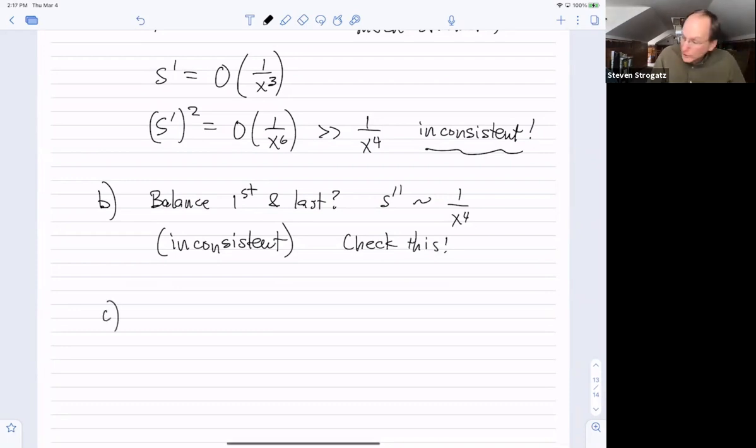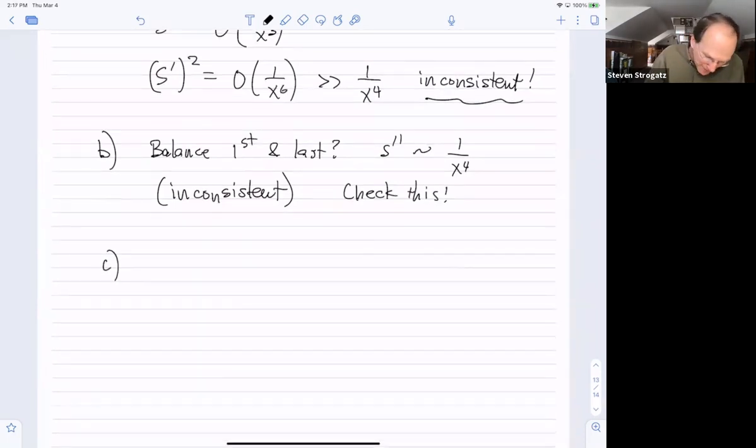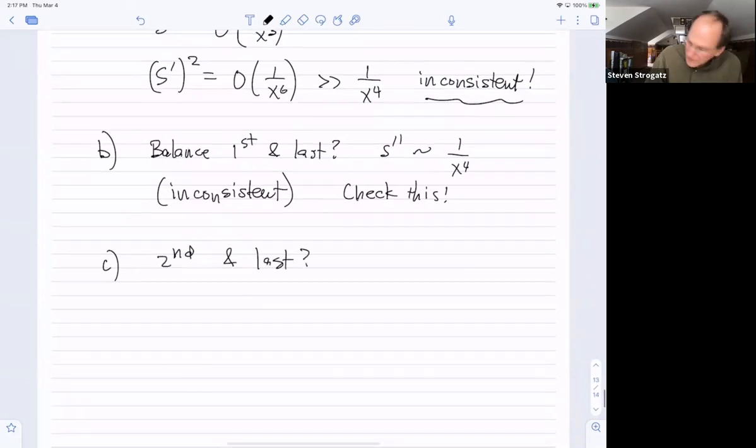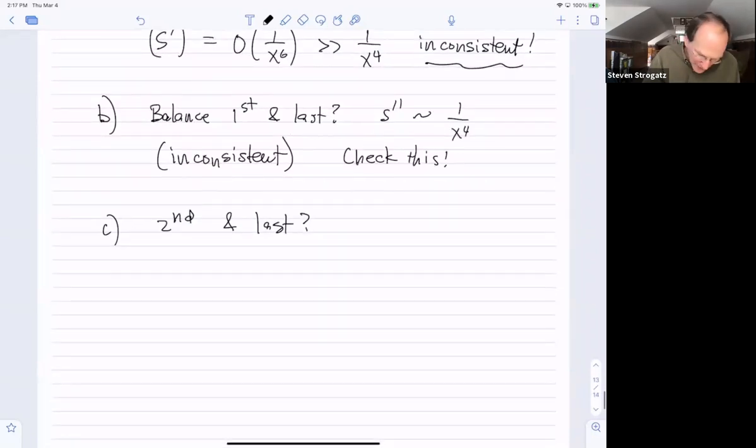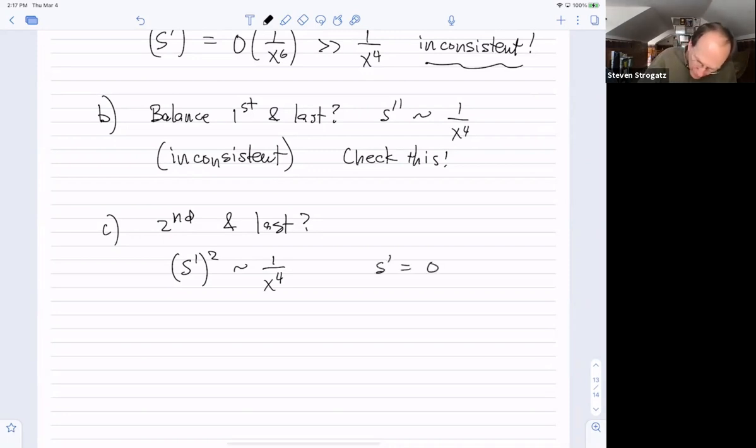Let me show you what it looks like when it works. If I balance the second and the last term, then I would be saying maybe s prime squared is the one that balances 1 over x to the 4th. If that were the case, then this would be saying that s prime would be order 1 over x squared by taking square root of both sides.